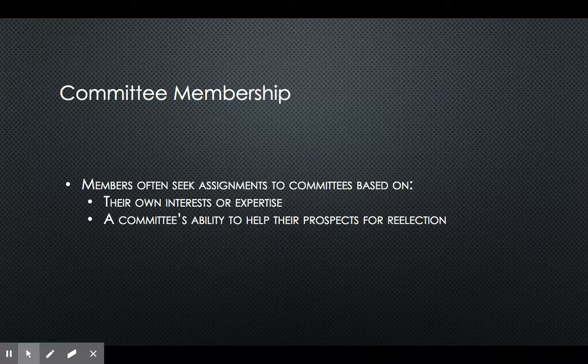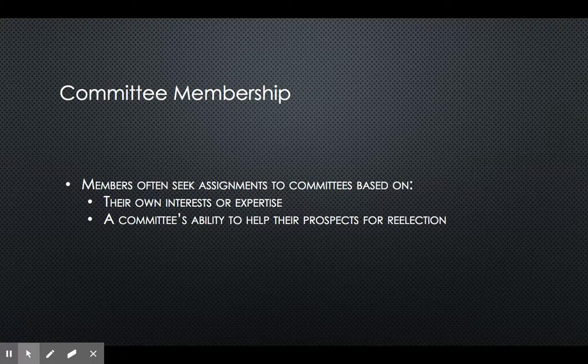Committee membership. So members of Congress are often going to seek assignments on committees based on one of 2 things. The first is their own interests or expertise. So maybe they have a background in the military, so they're interested in being on a committee for Veterans Affairs. Or maybe they have a background in finance, so they're interested in being on a committee for budget or appropriations.